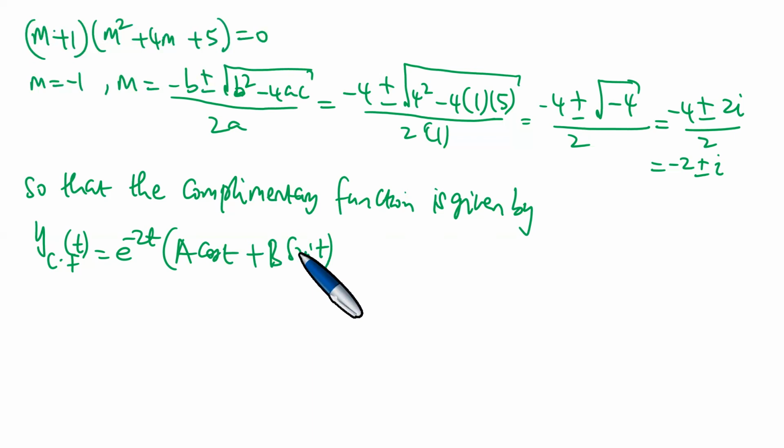This is the complementary function from these answers. We got e to the minus 2t, then the i here, which is the imaginary part of the complex number, produces the 1t arguments, like cosine t, sine t. Then we need to find the particular integral.